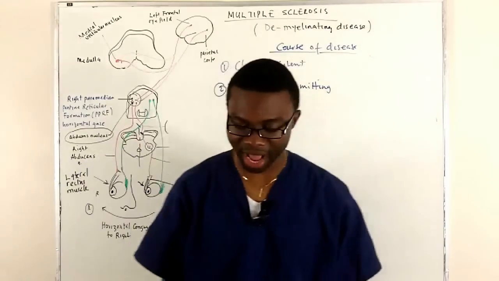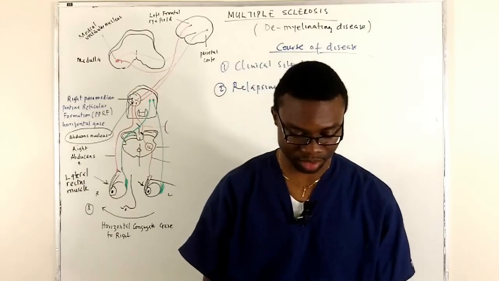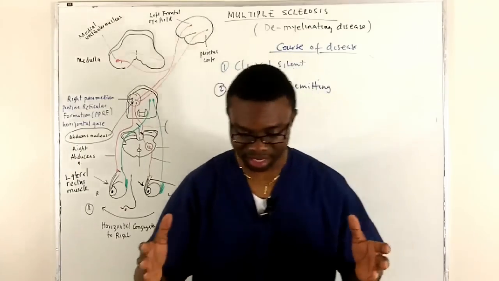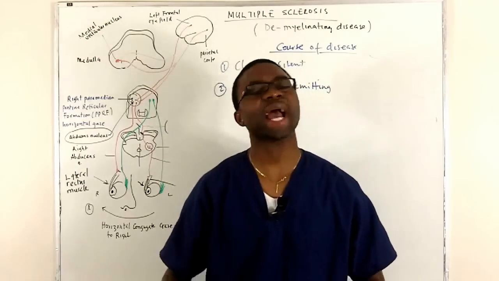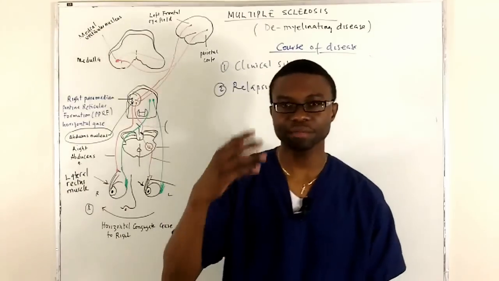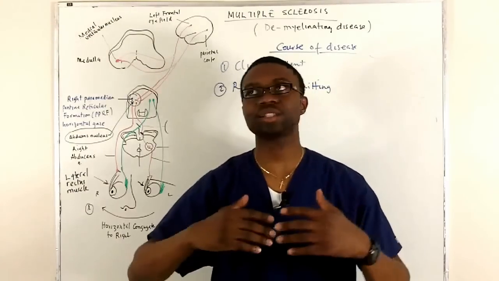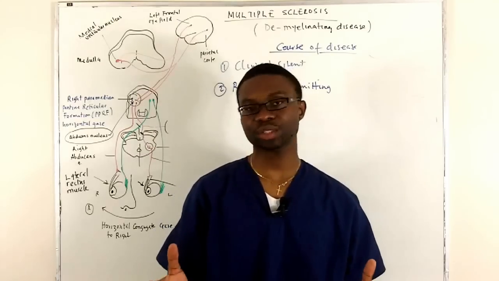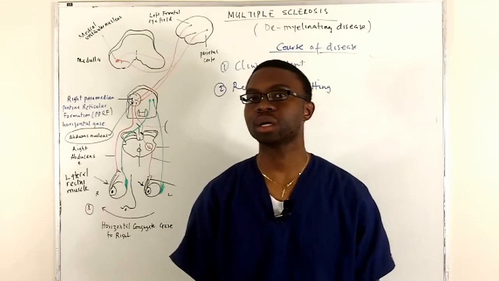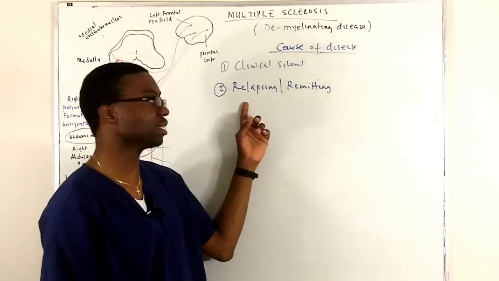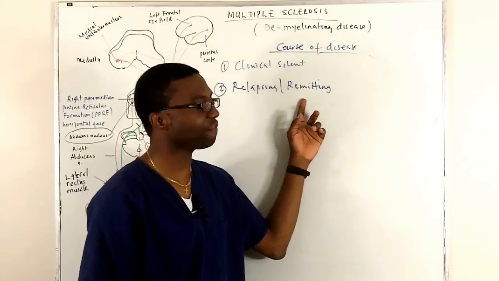So when patients start to have a lot of symptoms whereby they have an exacerbation of the disease, they might say, you know what, during the winter, I get a lot of weakness, a lot of numbness, a lot of blurred vision, and it lasts for weeks. And then as the weather starts to change, I feel better. So it was relapsing, it came on.